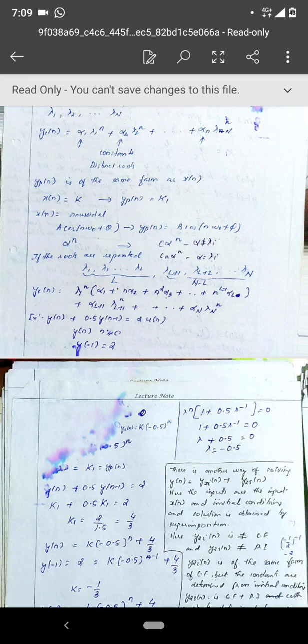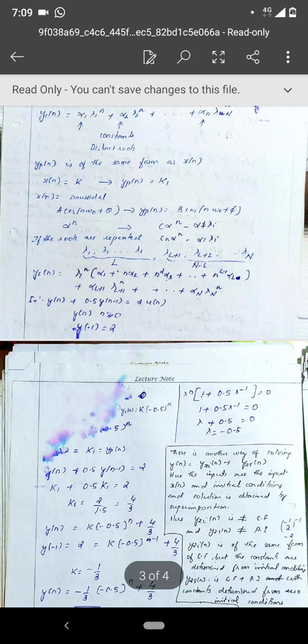So if lambda 1 repeats L number of times, this is the form of the complementary function. The repeated lambda 1 is taken by the first term: lambda 1 raised to small n, inside the bracket alpha 1 plus. Alpha 1 is only there because alpha 1 is being multiplied by n raised to 0. That n raised to 0 is 1, that is why you don't write it.